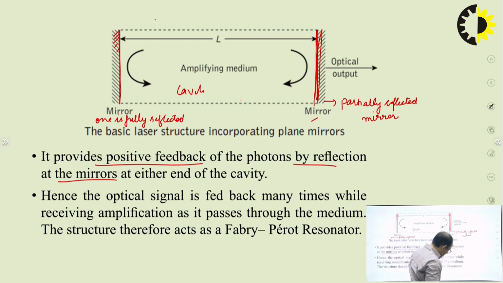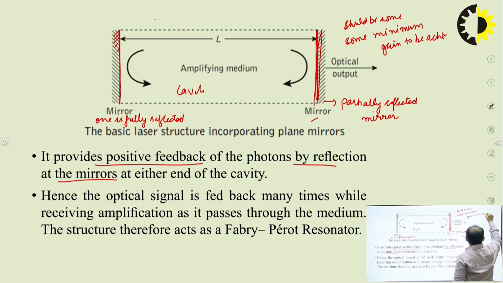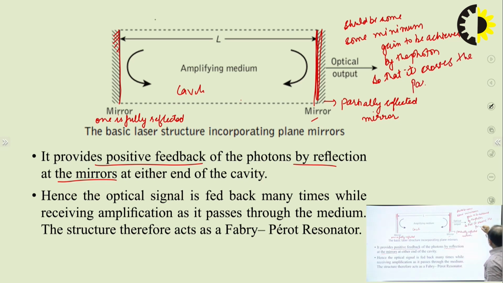So to have enough energy to cross the mirror, there should be some minimum gain to be achieved by the photon so that it crosses the partially reflecting mirror, and that minimum gain is known as the threshold gain.